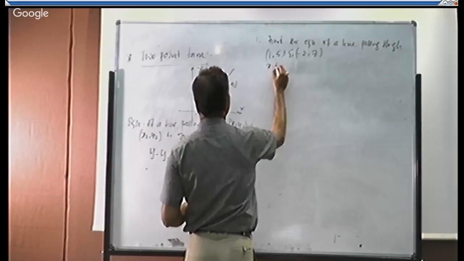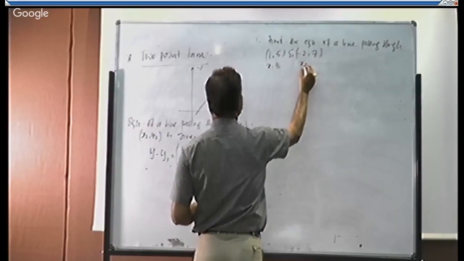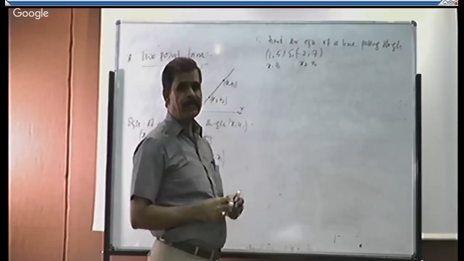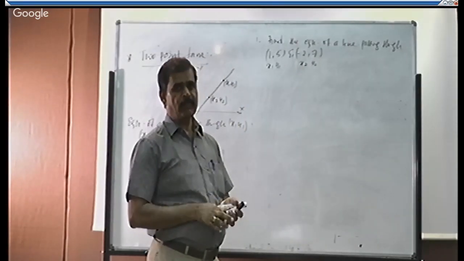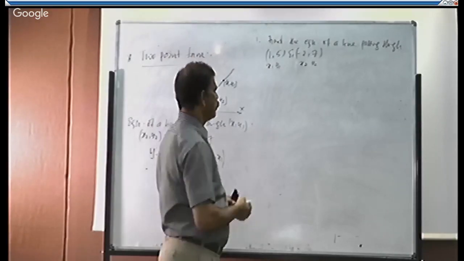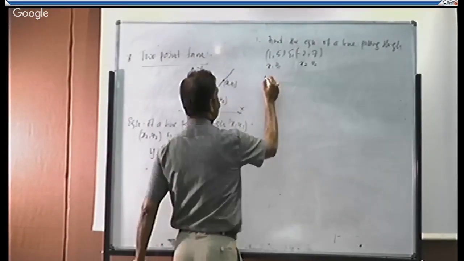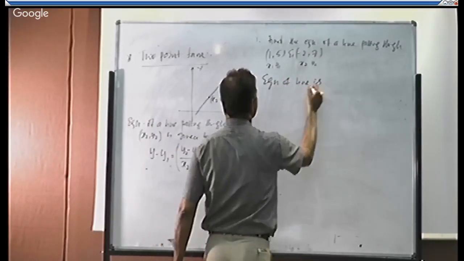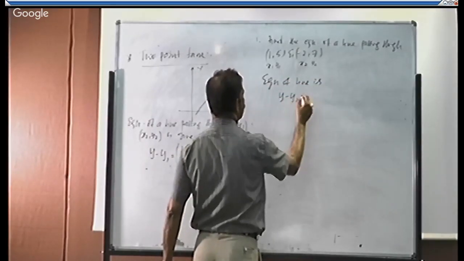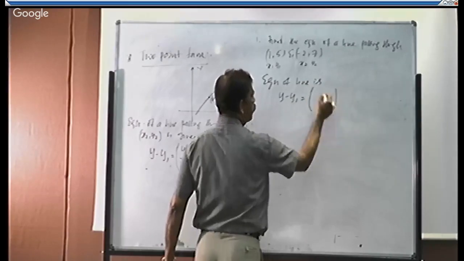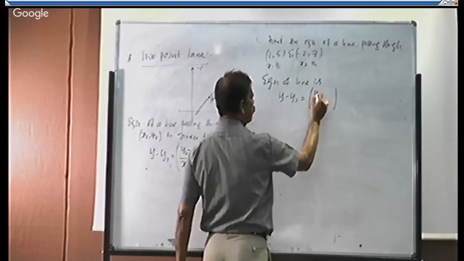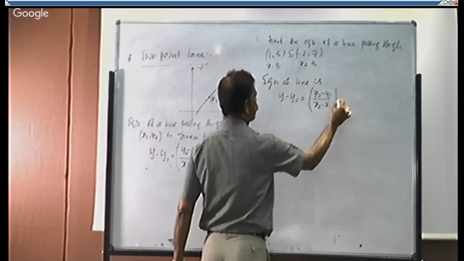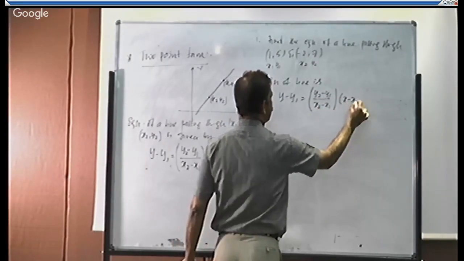Take those points as x1, y1, x2, y2. The given passing points are considered as x1, y1 and x2, y2. Just write the equation. Therefore, the equation of the line is: y minus y1 is equal to, instead of m, we write the formula y2 minus y1 divided by x2 minus x1 into x minus x1.